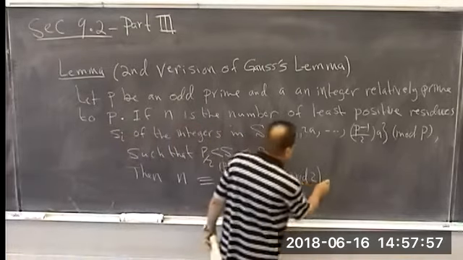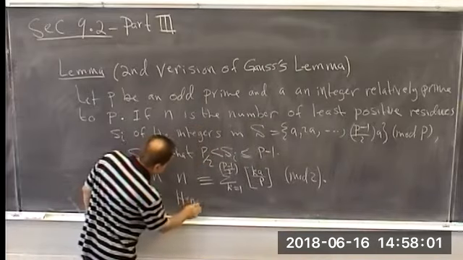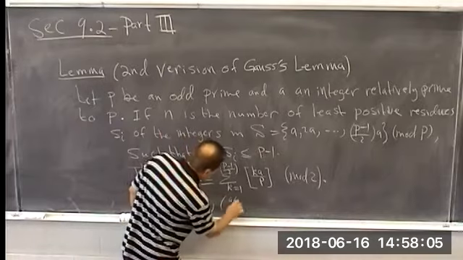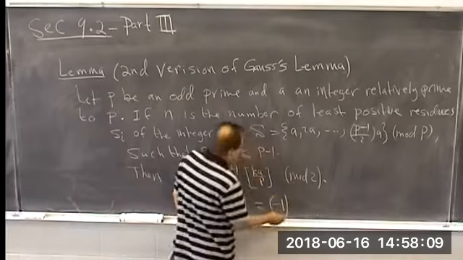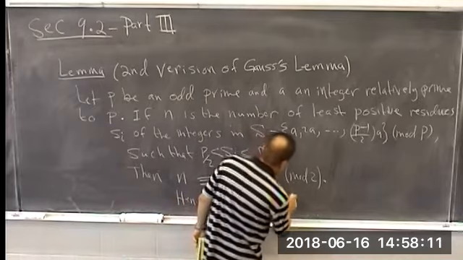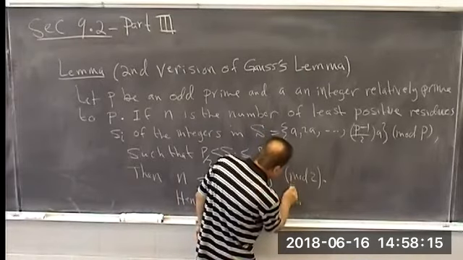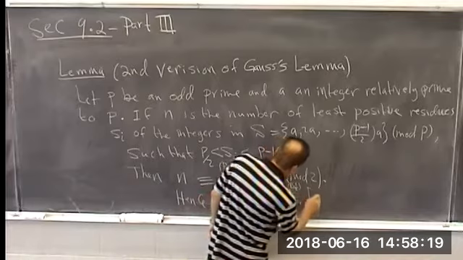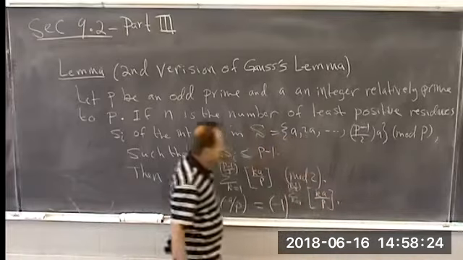And hence, this gives us, as we're going to discover, that (a over p) is equal to negative 1 to this exponent, because this just gives us positive or negative, even or odd.